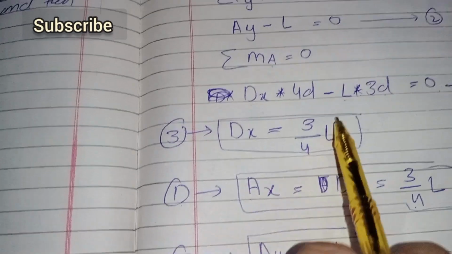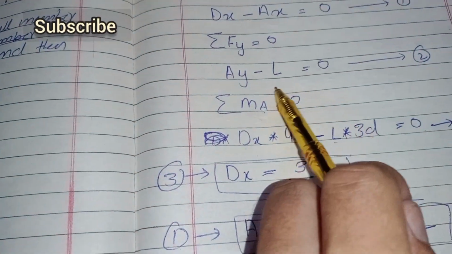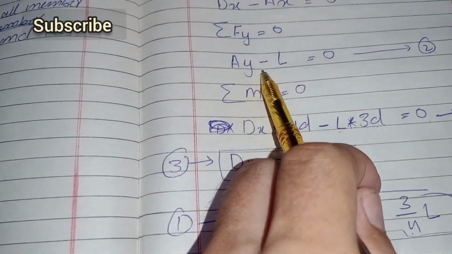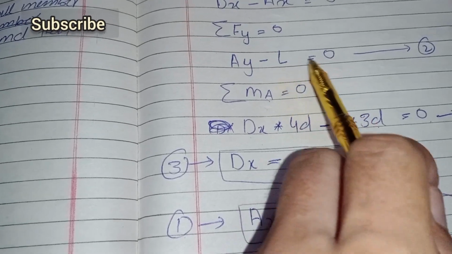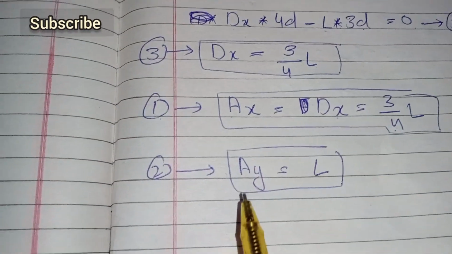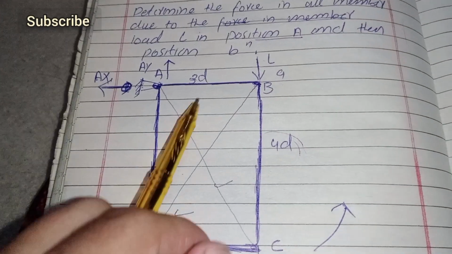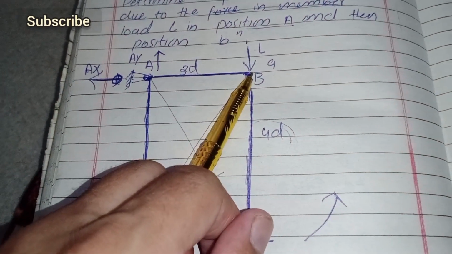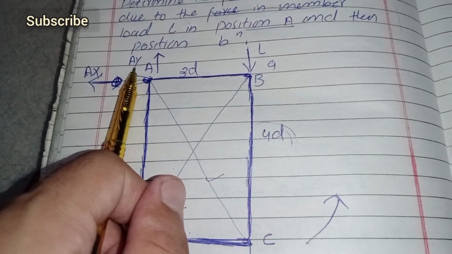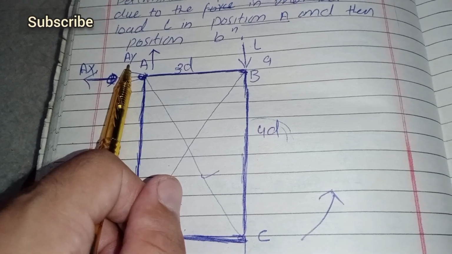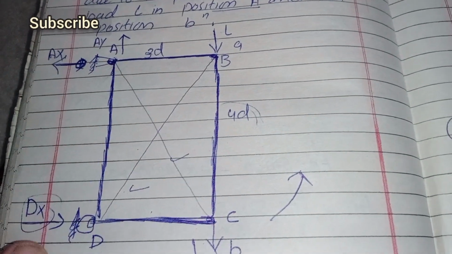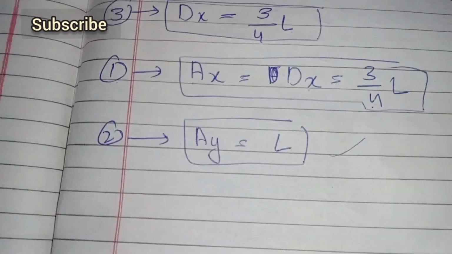If I take equation 2, AY minus L equals 0, so AY will equal the load L. If the load is 1000 kilonewton, then AY will also equal 1000 kilonewton. So AY is equal to the load.